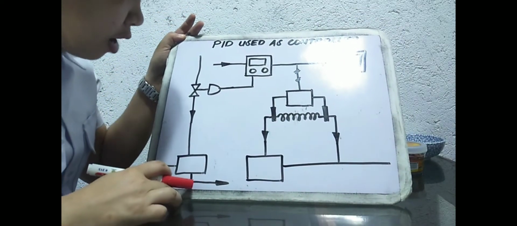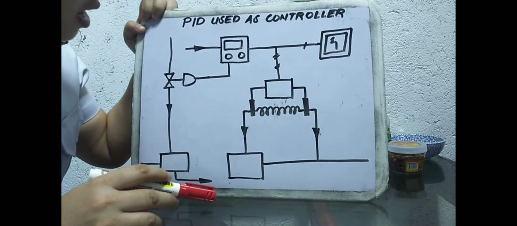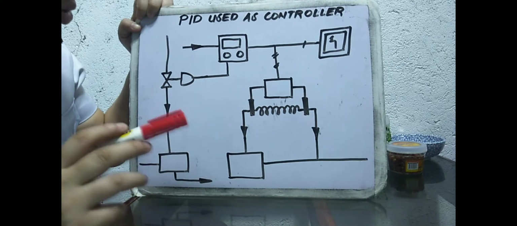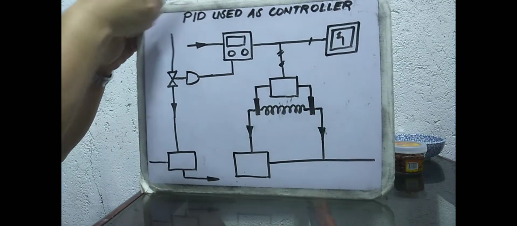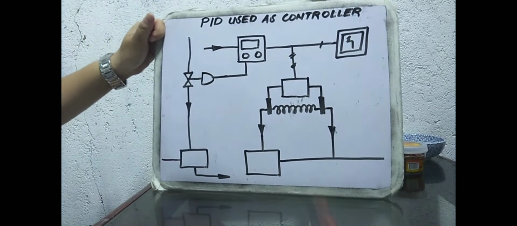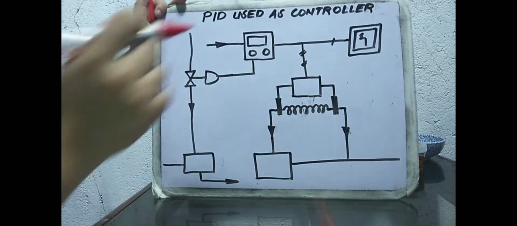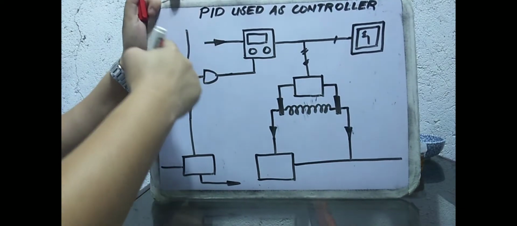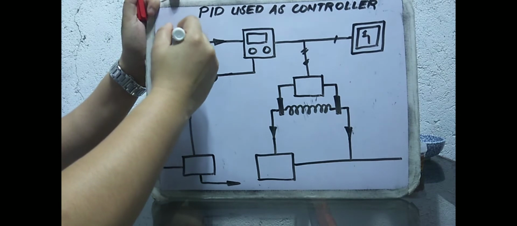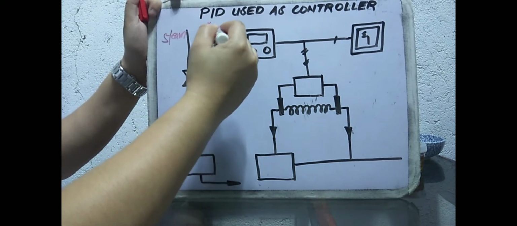Good day again. I will show you a diagram and let's evaluate together how a PID is used as a controller. So I have here the diagram. Let's first label this one. This is the steam. This is the air supply.